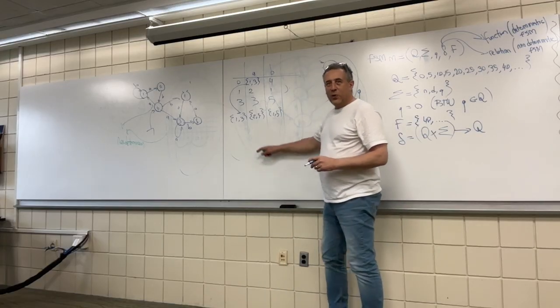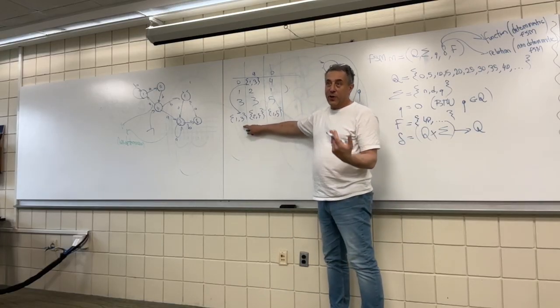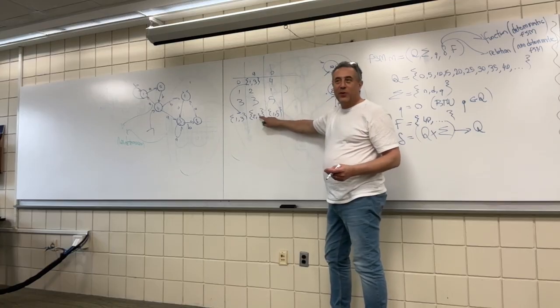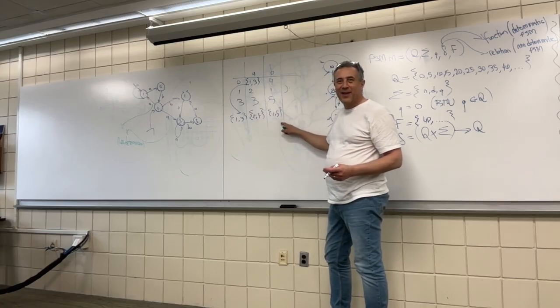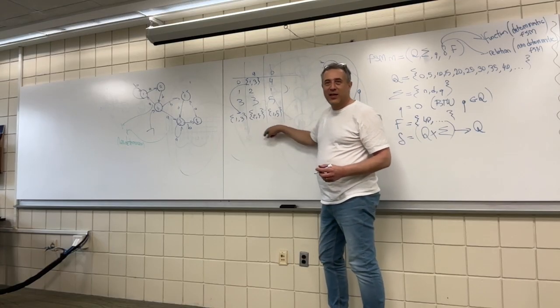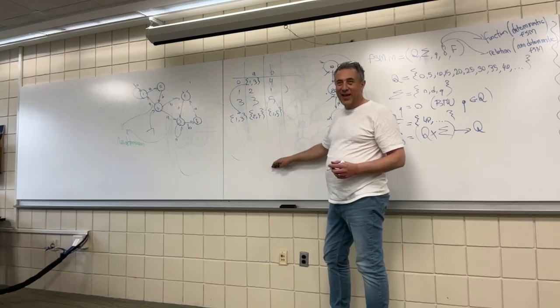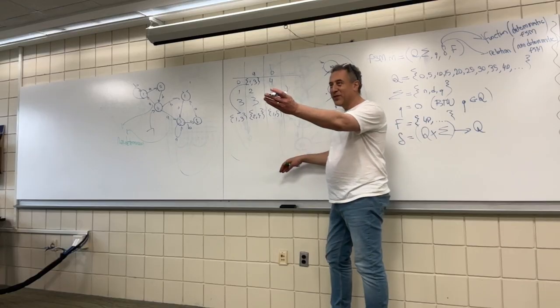So it says, if you were in this made-up state where you could be either at 1 or 3, then if you get an A, you could be at 2 or 3, or you could be at 1 and 5. And then I would take these and expand them. But think about what's going on. I could have as many rows here as the number of subsets you could have of the set, and it's very explosive. So it's way worse than what you said.